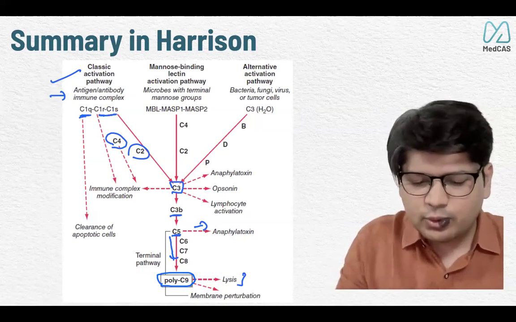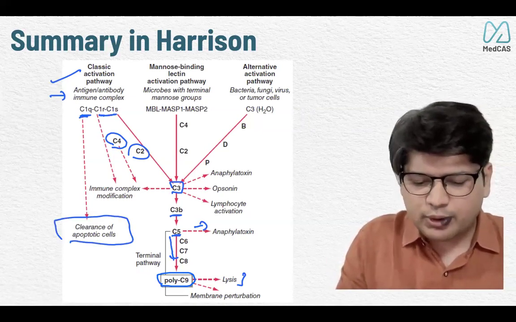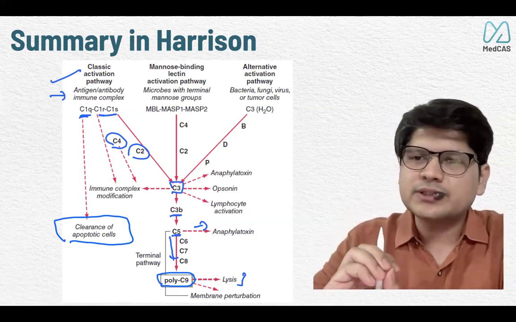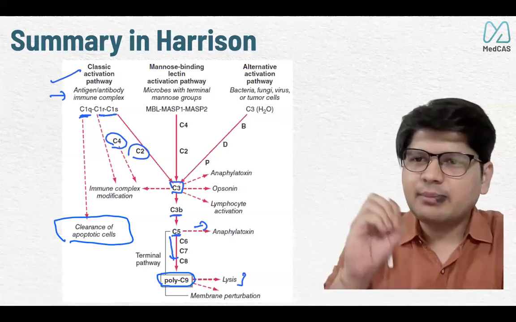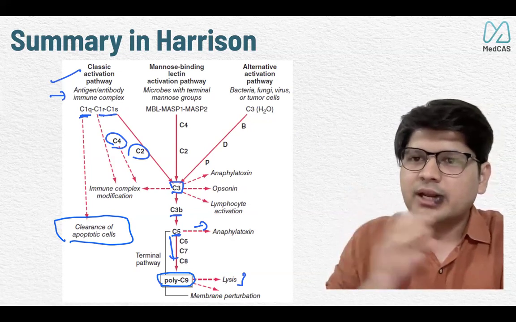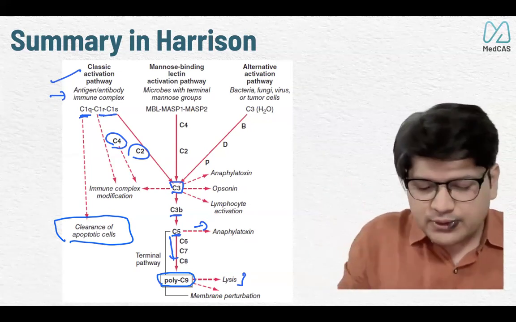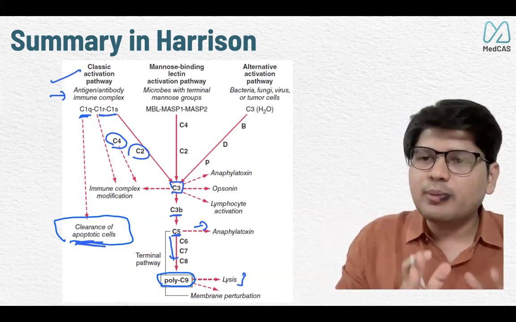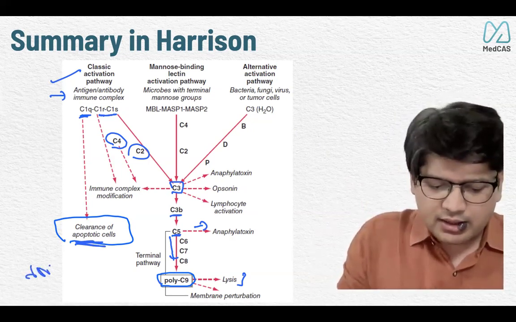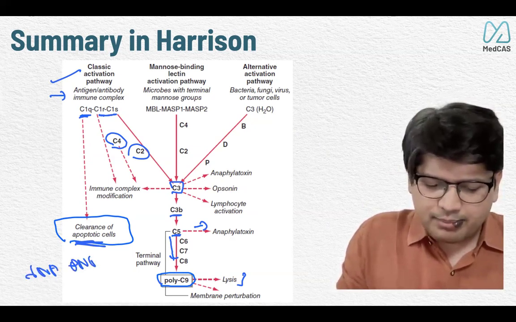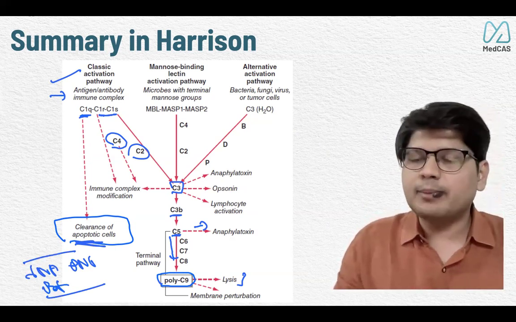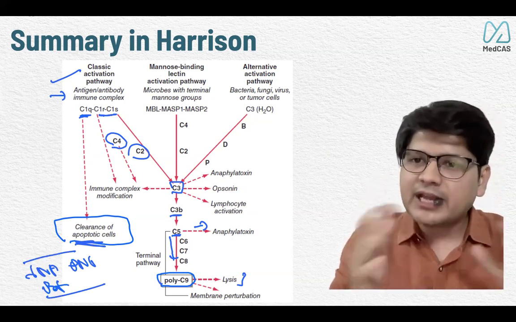Meanwhile, all these things are happening. C1q helps in clearance of apoptotic cells. I always used to ask, when I discussed phagocytosis, that whenever we start killing the bacteria and the cell is also getting lysed with that, what happens to that? It gets cleared. Suppose the apoptotic cell is not getting cleared. What happens? Your DNA, RNA, protein, everything is exposed to the immune system, which is native, but exposed.